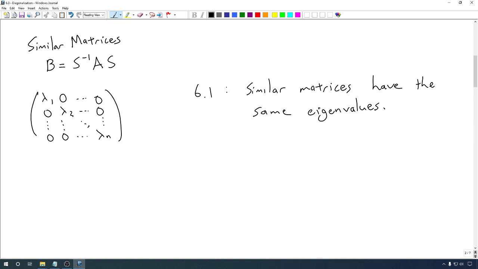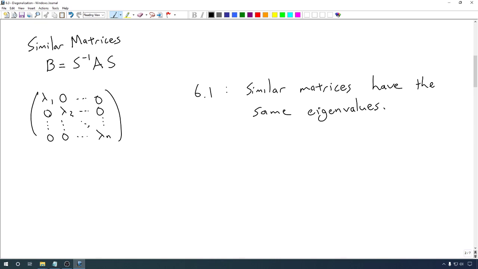So if we have two matrices that have different eigenvalues, they cannot be similar to each other, no matter what we do. So we definitely cannot get any diagonal matrix, because remember, if we have a diagonal matrix, the eigenvalues are literally just the diagonal elements, so lambda 1 through lambda n.